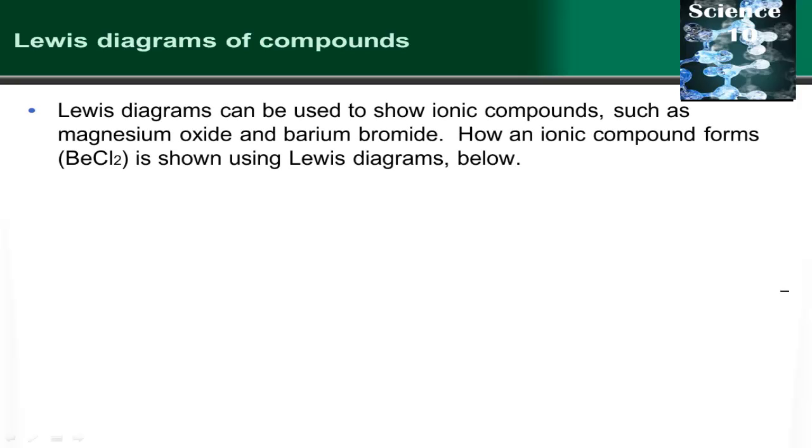Lewis diagrams can be used to show ionic compounds such as magnesium oxide and barium bromide. How an ionic compound forms, beryllium chloride, is shown using Lewis diagrams. So magnesium oxide, magnesium's in group 2, so it's got 2 valence electrons. Those 2 valence electrons are lost as an ionic compound to form magnesium 2 plus ion, square brackets.